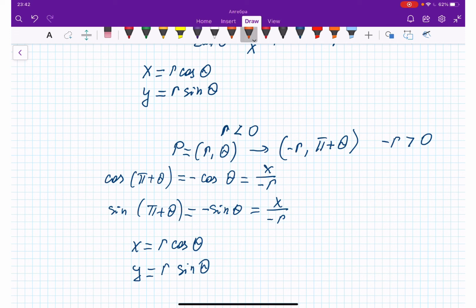We got it from here, right? Negative cosine theta equals x over negative r, negative sine theta equals y over negative r. So x is equal to negative cosine times negative r, and y is equal to negative r times negative sine theta. So we established the polar to rectangular conversion.